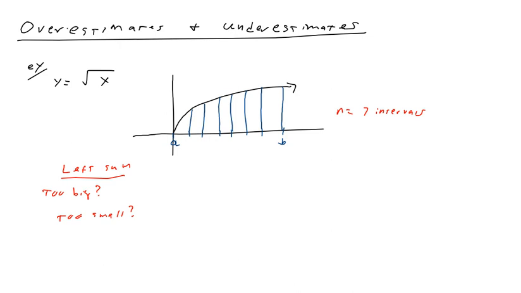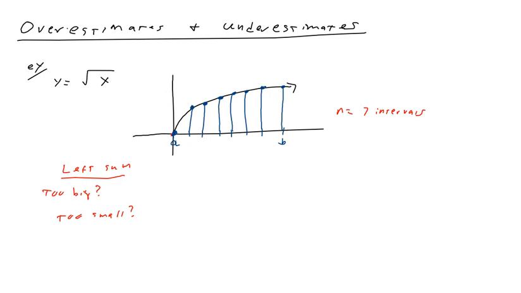Here's a dot here. Here's a point here. My heights. These are all my f of x's. If I use the left-hand side to create my edges, would the interval be an overestimate or an underestimate? Well, let's take a look.